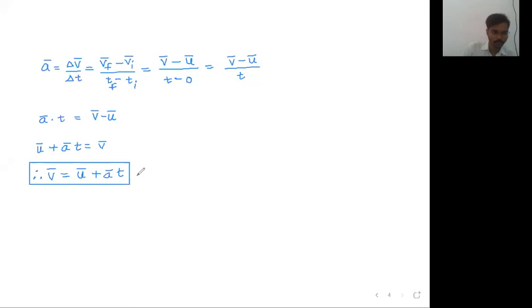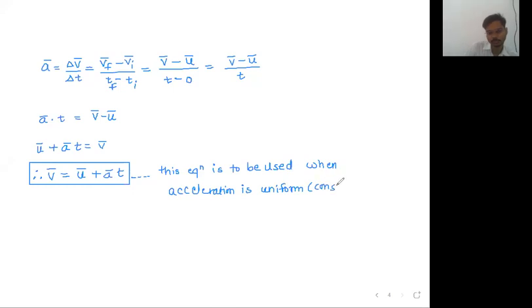Now write down, this equation is to be used when acceleration is uniform. Uniform means constant.